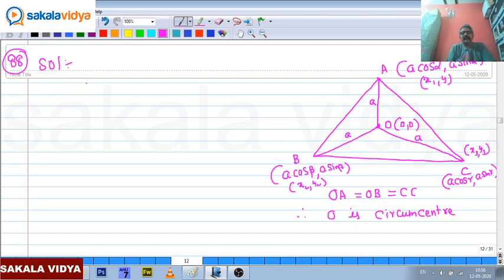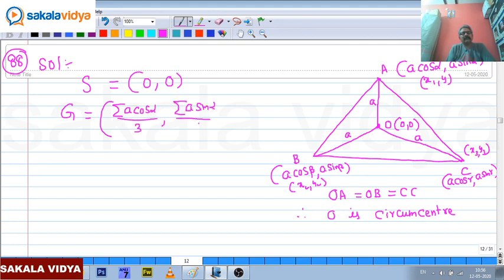First here, circumcenter S is equal to 0 comma 0, generally denoted by S. This is circumcenter. Now centroid, find out G. G is equal to a cos alpha plus a cos beta plus a cos gamma, that we can write sigma a cos alpha by 3, comma, sigma a sin alpha by 3.